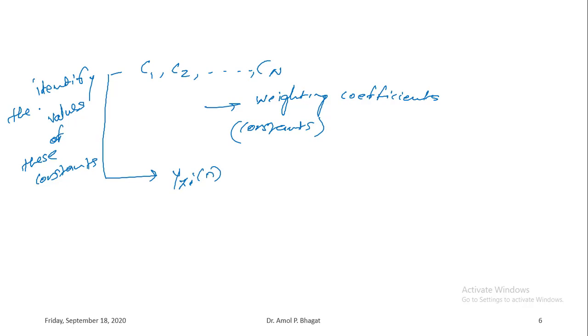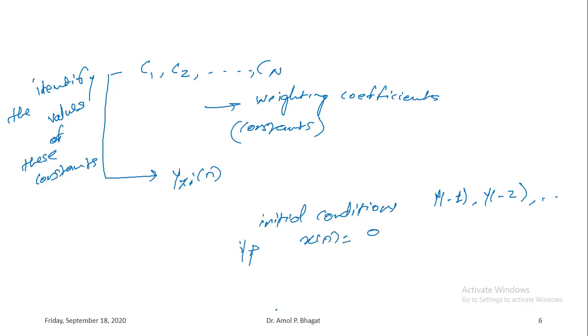So how will we be identifying these constants? Simply again by considering whatever initial conditions are given for the system, that is y of minus 1, y of minus 2. It depends how many initial conditions there are, right? And also by assuming input x of n is equal to 0.